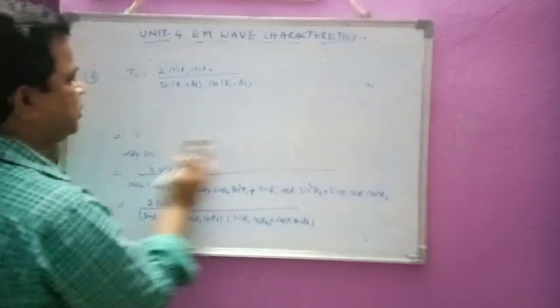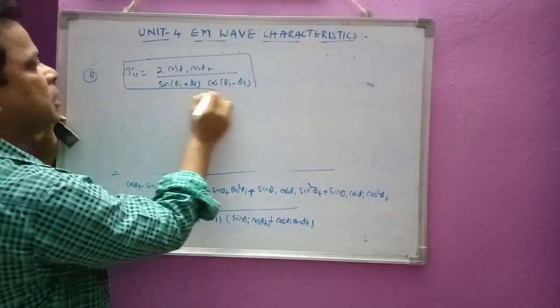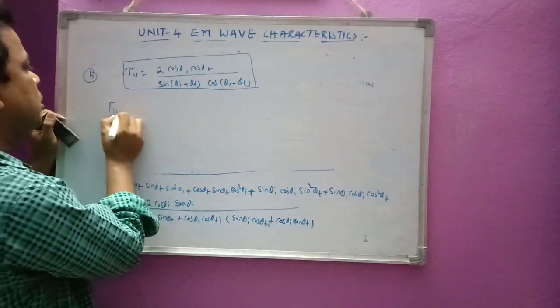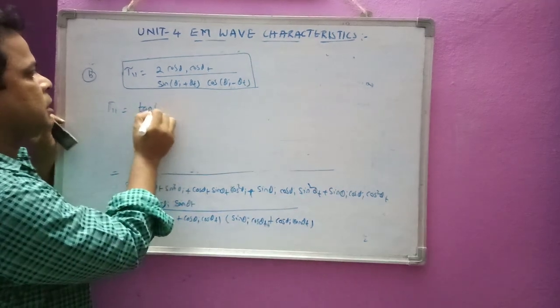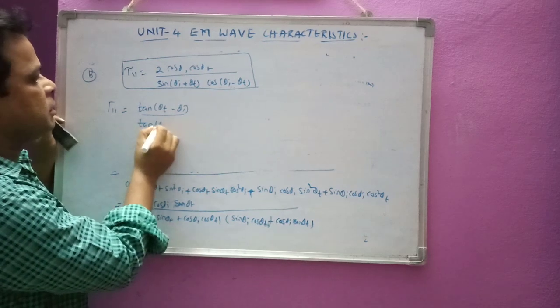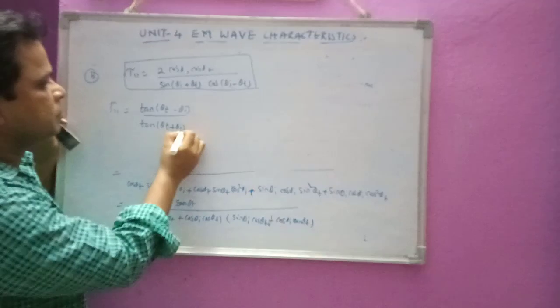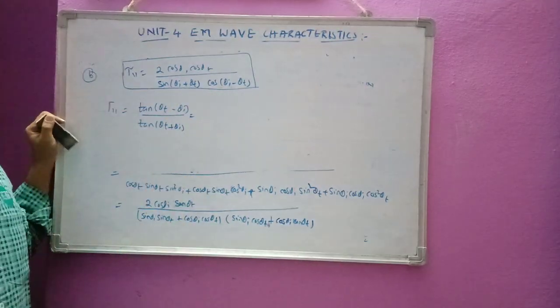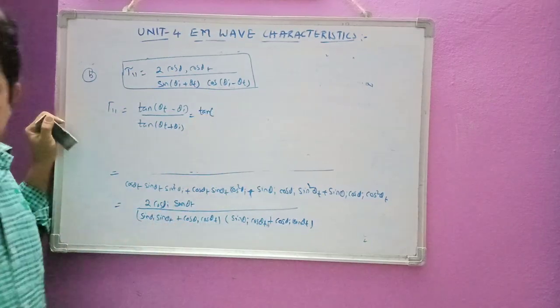We have to make use of these two formulas, that is tau parallel and tau perpendicular. Already we have got the gamma parallel as tan of theta t minus theta I by tan of theta t plus theta I. Now I am going to use these two formulas. Let us go to the problem once again.